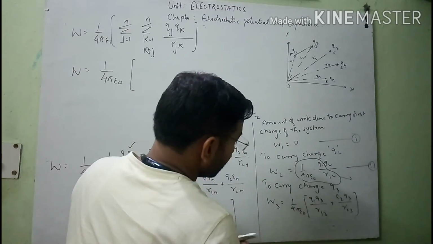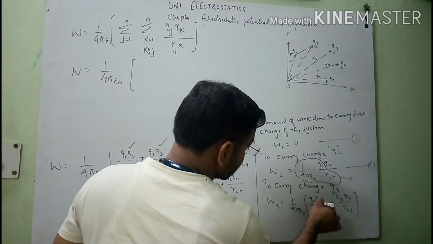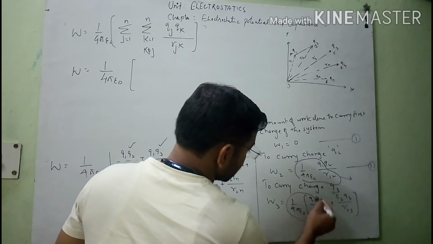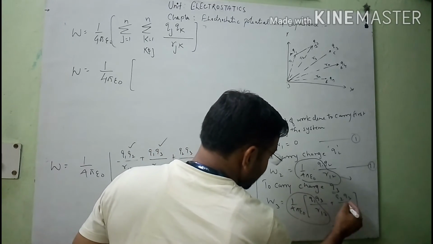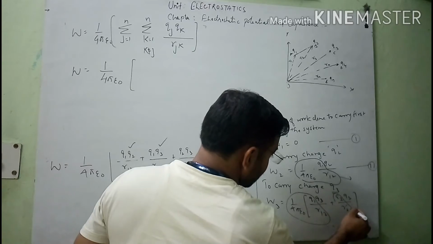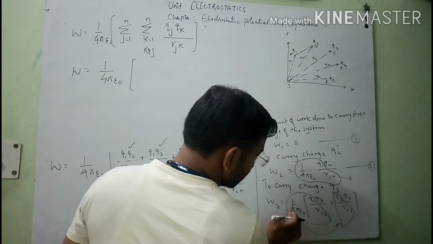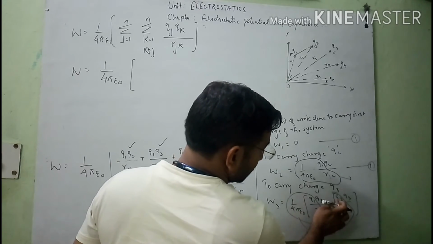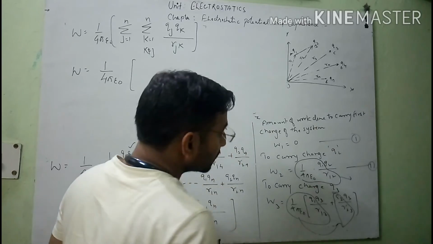And on the other hand, for charge q3, this is the potential of charge q1. And similarly when we add this value with 4 pi epsilon naught, then 1 over 4 pi epsilon q2 over r23 is the electric potential for charge q2.